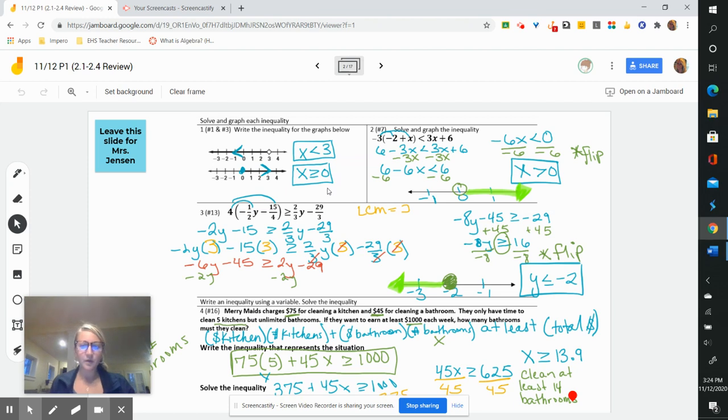We would round up because 14 is the first whole number in that solution to the inequality.